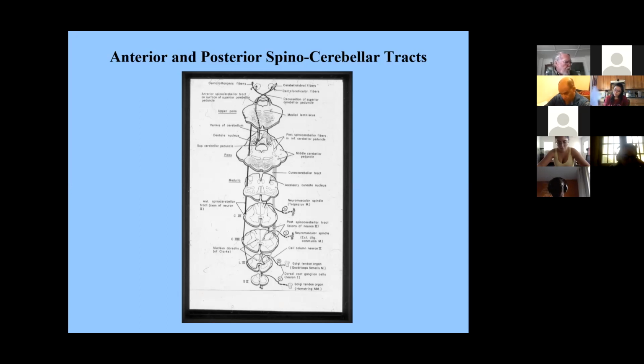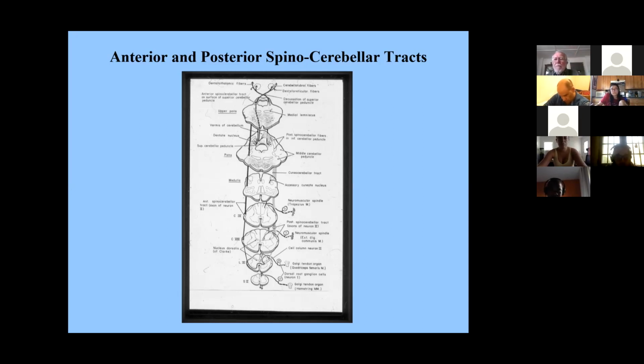So when we were looking at spinal cord organization, we recognized that the five most superficial laminae, 1 through 5, were very clear in terms of using that word lamina, which means layer, layers of cells.